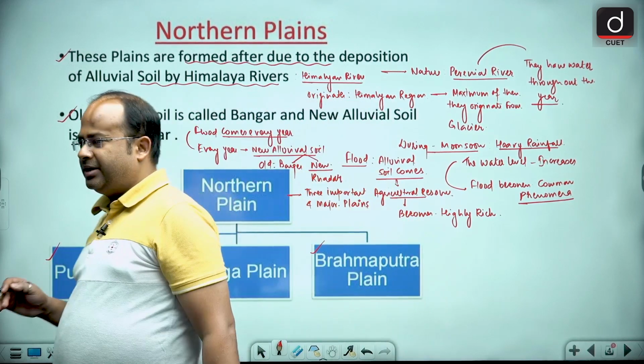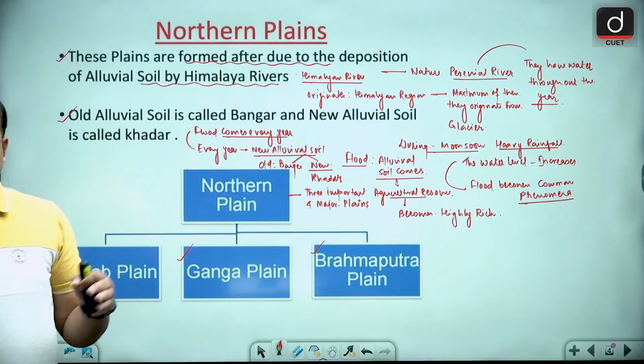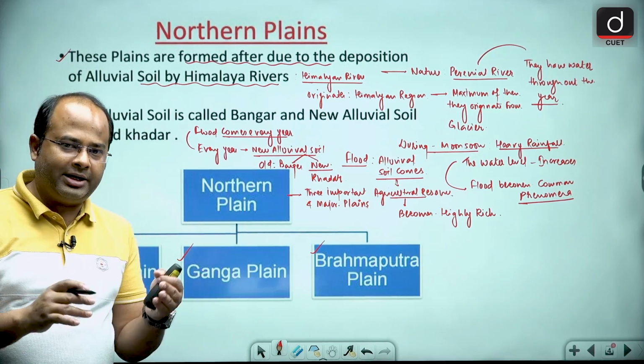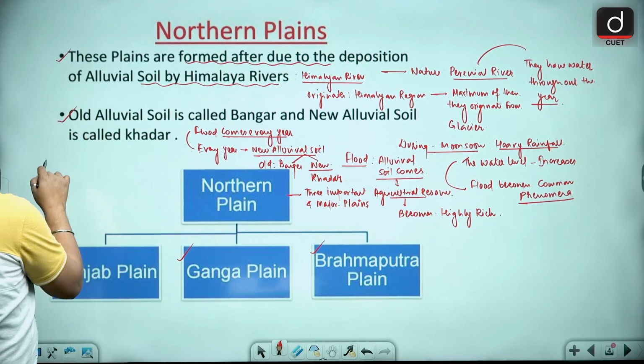Now guys, this Punjab plain is formed specially due to the river Indus and tributaries.